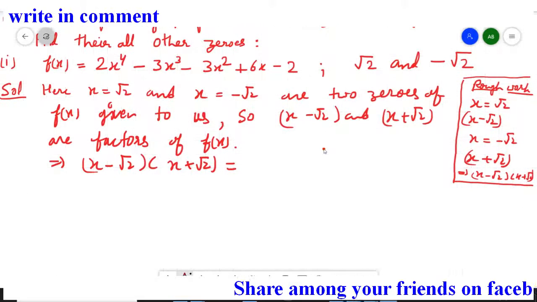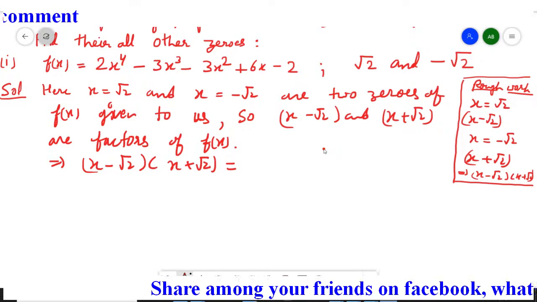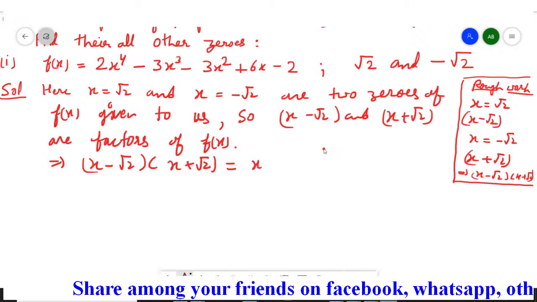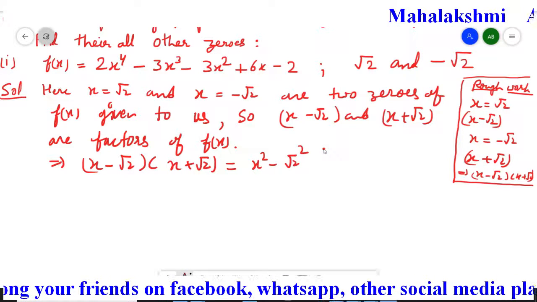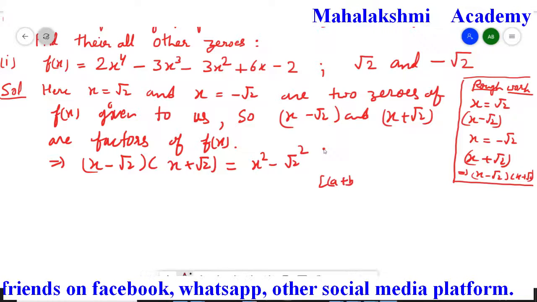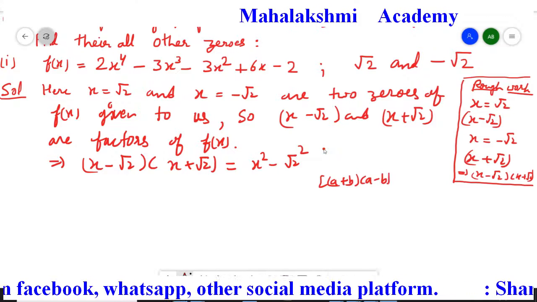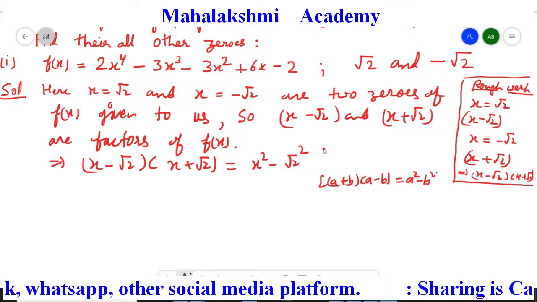So we have to write it as x square minus root 2 square. Why? Because the formula is (a plus b)(a minus b) equals a square minus b square.